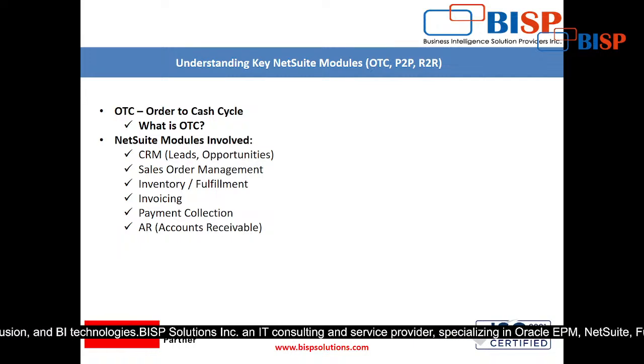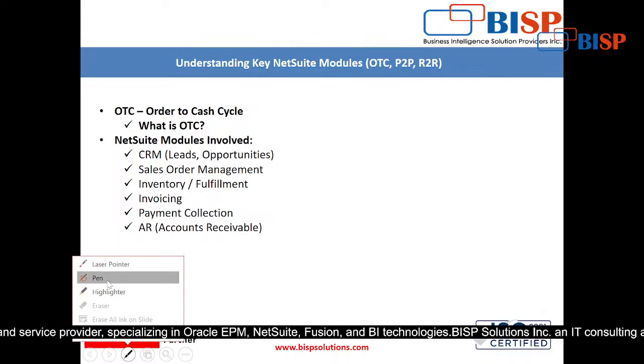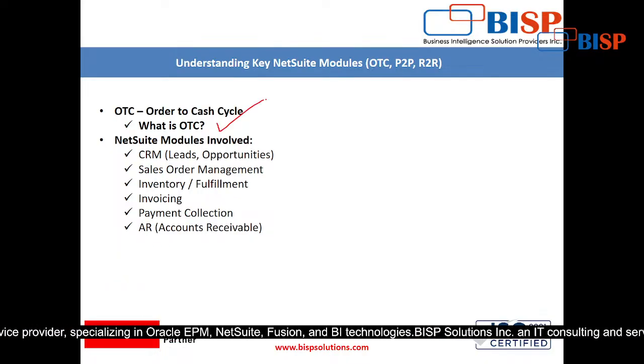A sales order is a transaction record, and there are so many metadata records also, like the customer record, which is a master record. We have seen what O2C is.